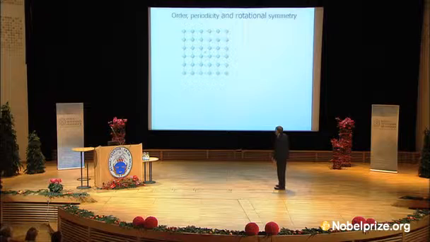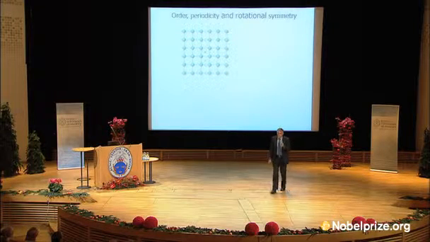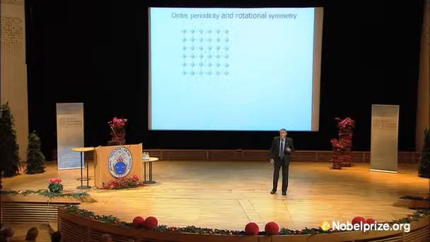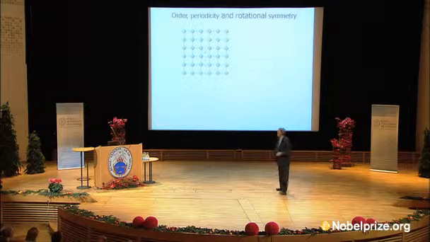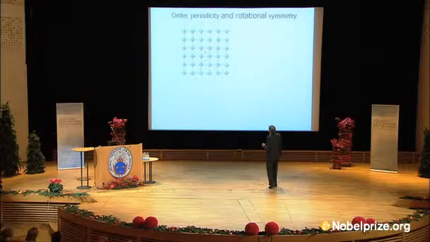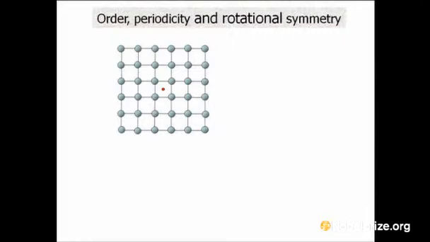So in order for you to understand what I'm talking about, let's bring a few basic concepts. The first one is order, then we'll talk about periodicity, and then rotational symmetry. Imagine that we have here a picture of atoms which are arranged in a periodic way, and you see that there is order, and also there is periodicity.